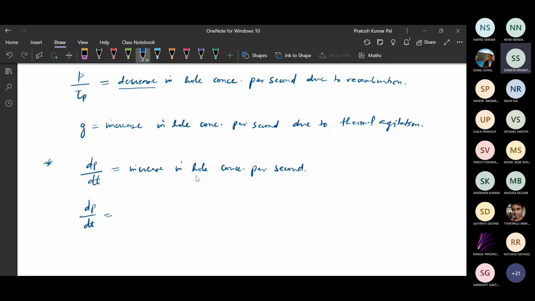So it will be equal to g minus p by tau p. This amount of hole concentration has increased per unit time.